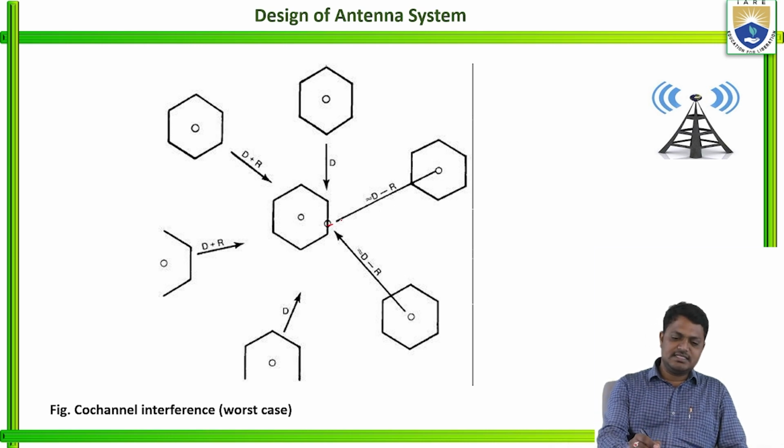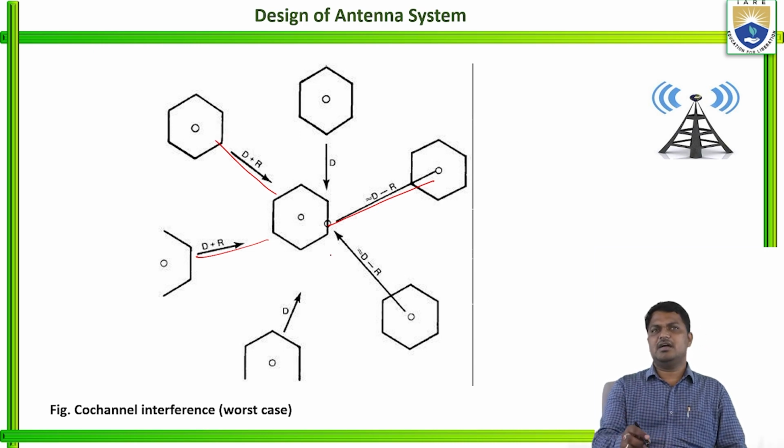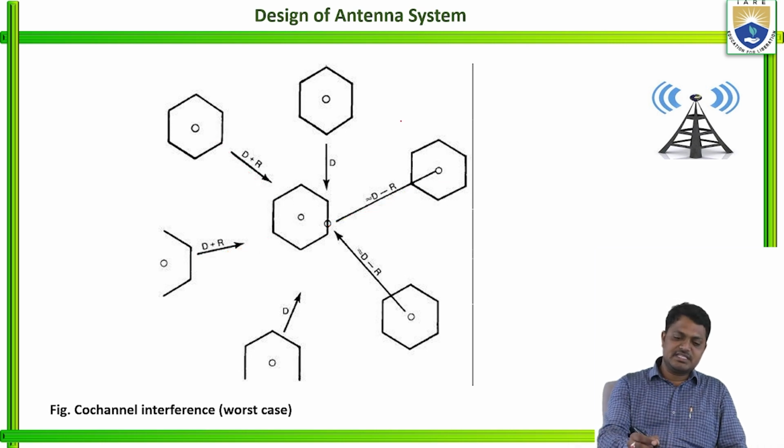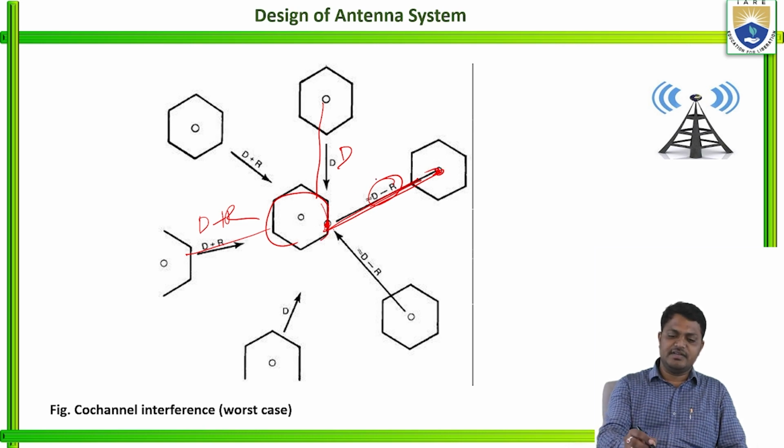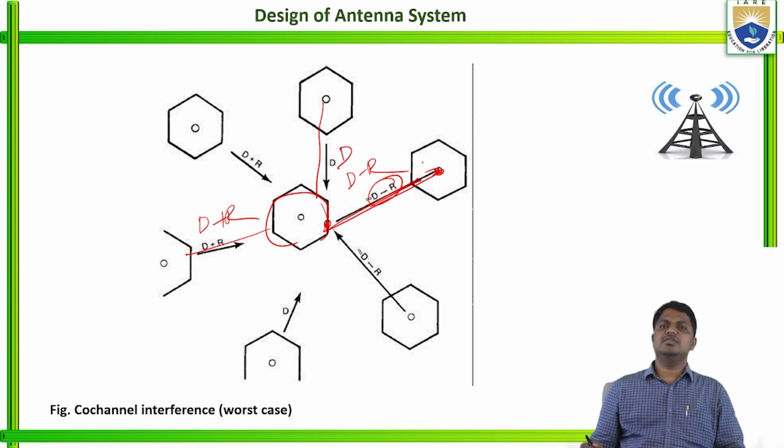Here this is D minus R, and this is D plus R. How can we identify what is D, D plus R and D minus R? From the base station to the boundary of the other cell, the minimal distance is D minus R, because that radius is shorter. And where the boundary of the cell is very far, we take D plus R. This is the way to identify D minus R and D plus R.